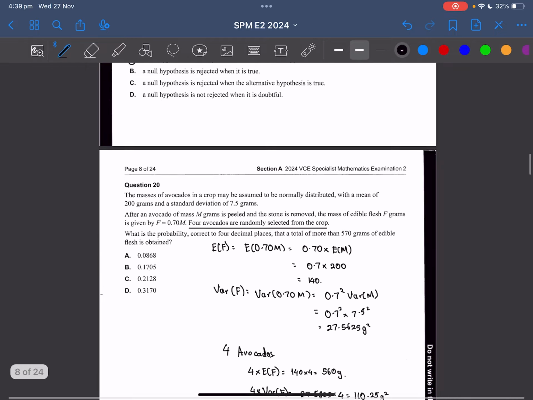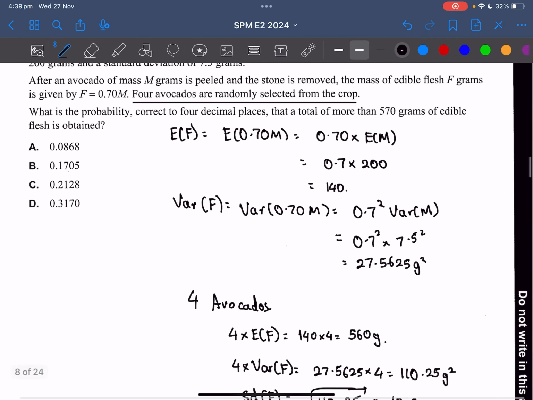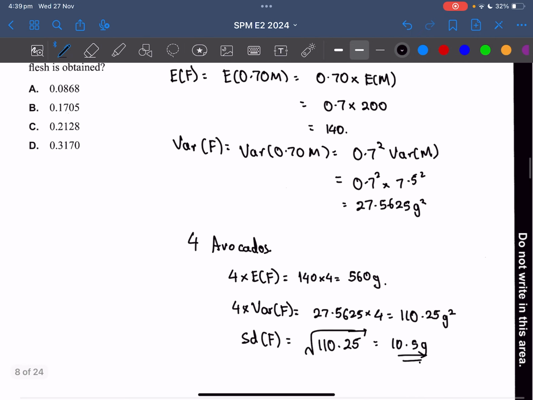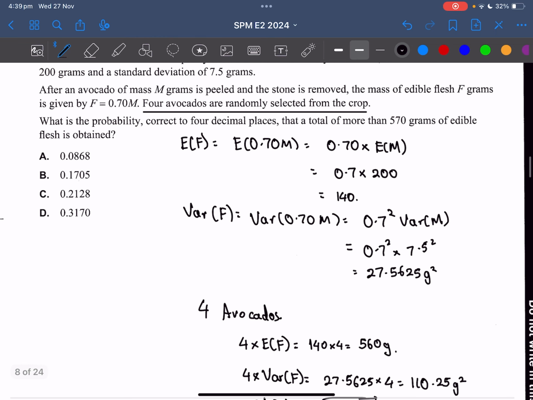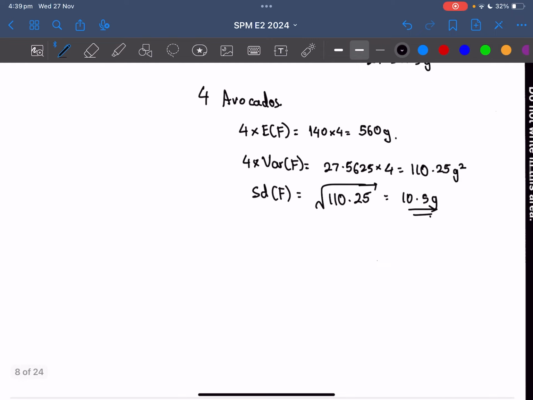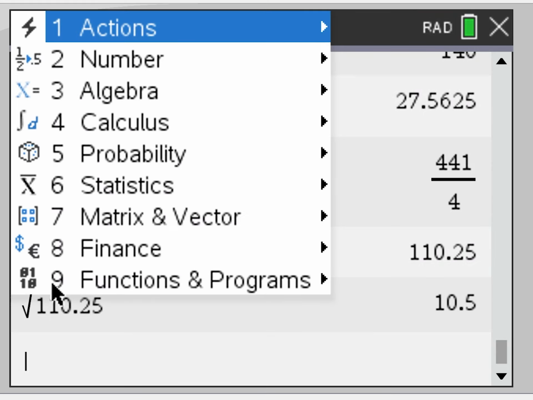Okay, it's normally distributed, right? So now we just have to use the normal CDF. What we are finding is the probability that the flesh is greater than 570. So let's do that.